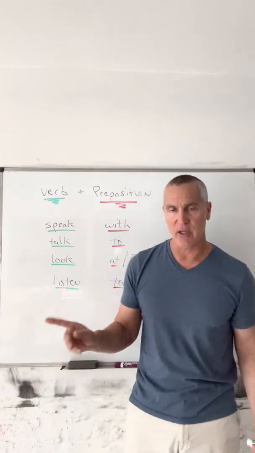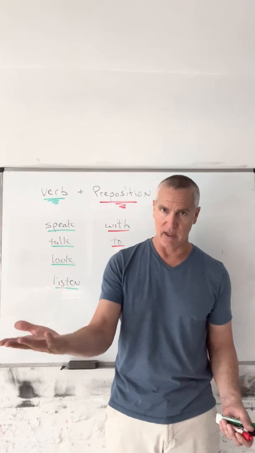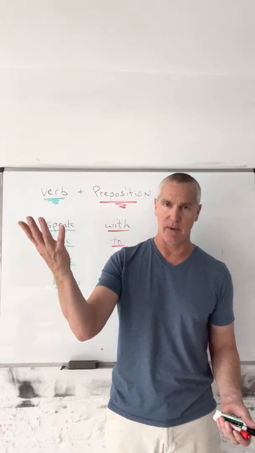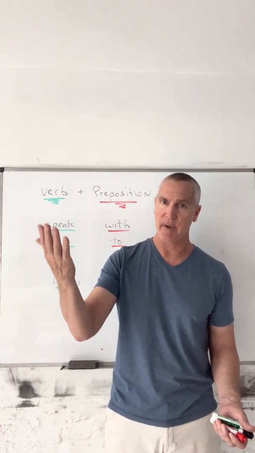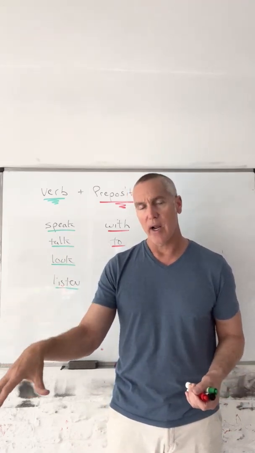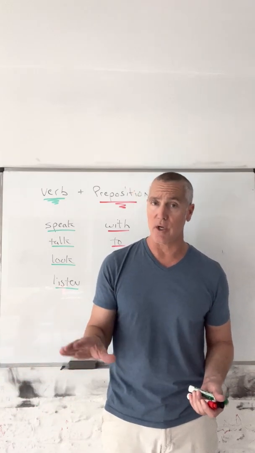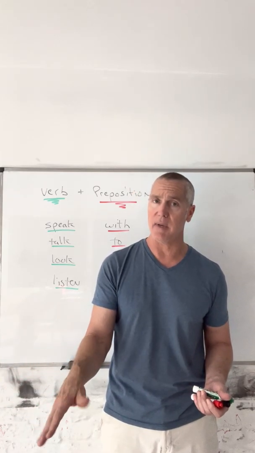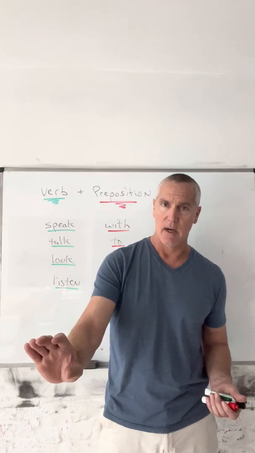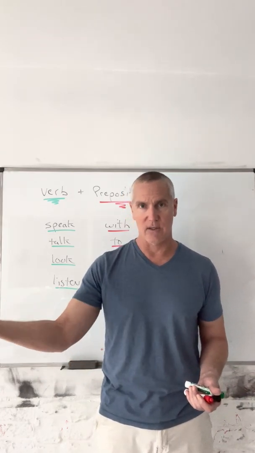Well, if we change the preposition, turn up means to increase in volume or intensity. Turn up can also mean to appear. Turn down can mean to decrease in volume or intensity, or turn down also can mean to reject. Turn over, turn around, turn into.